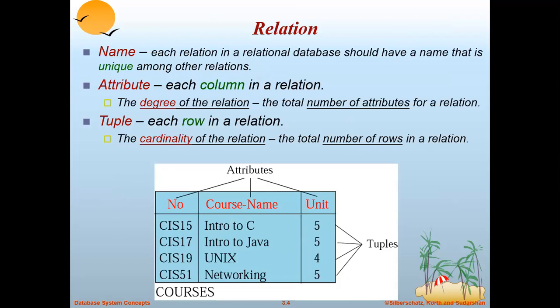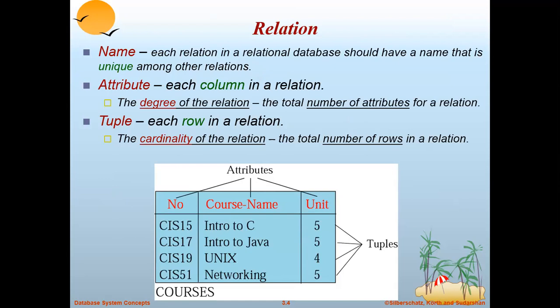Now we'll see the relation with an example. A relation will have a unique name. Each relation in a relational database should have a name and that should be unique among the other relations.